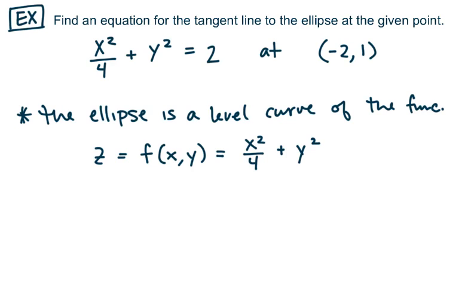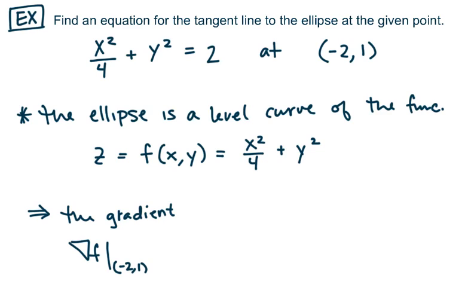So in order to work this problem, we are going to need to find the gradient, and we can work with it as long as the gradient is not 0. So the gradient of f at -2, 1, the given point, is the partial with respect to x, so that would be 1/2 x times i, plus the partial of the function with respect to y, so 2y j, evaluated at -2, 1.